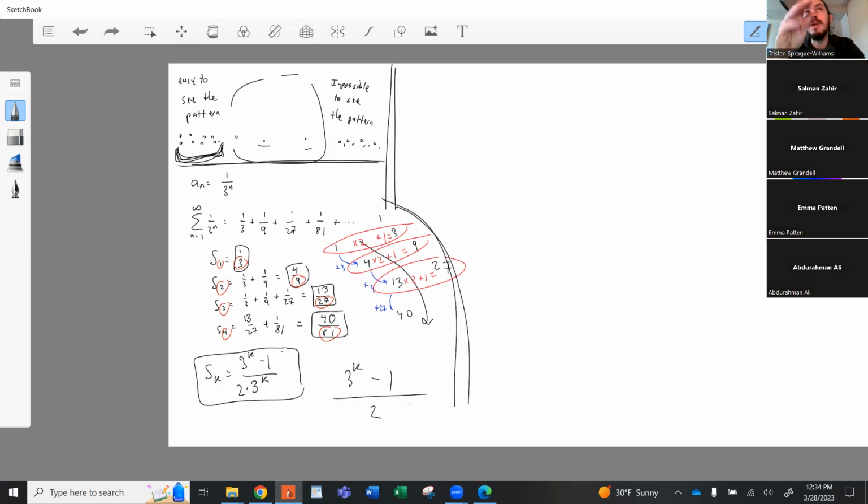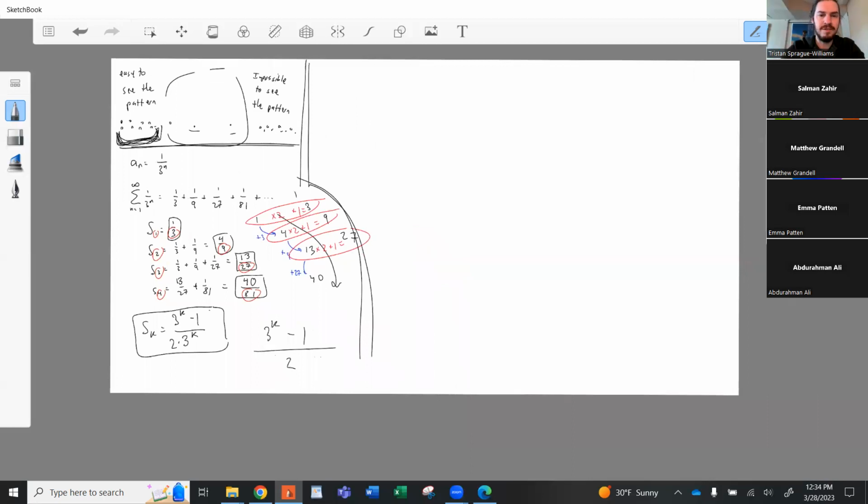But there are also the telescoping ones, which I would say are not an obvious pattern, but they are easy to handle because of the way things cancel out. So maybe we can look at a telescoping example as well.